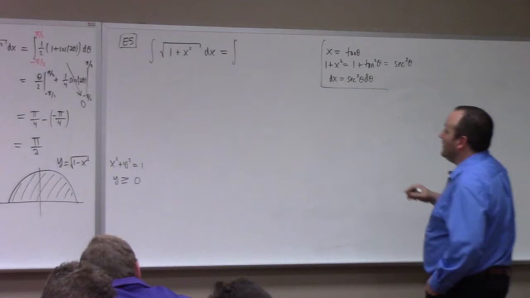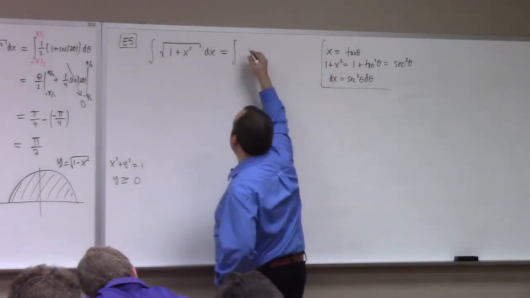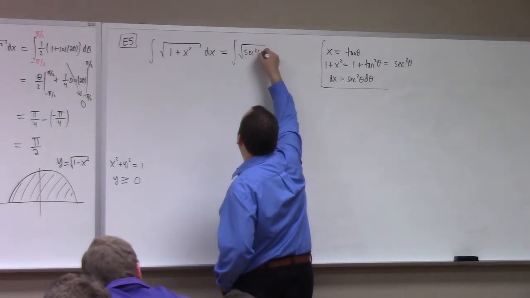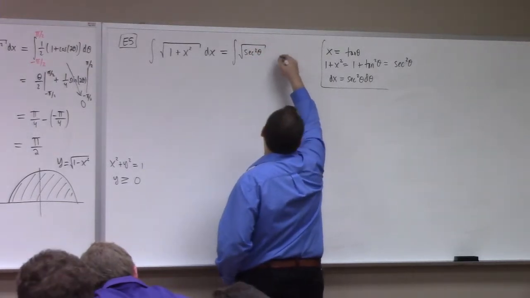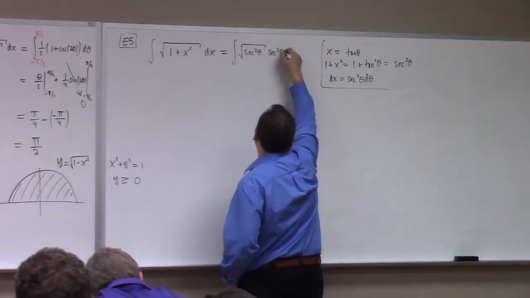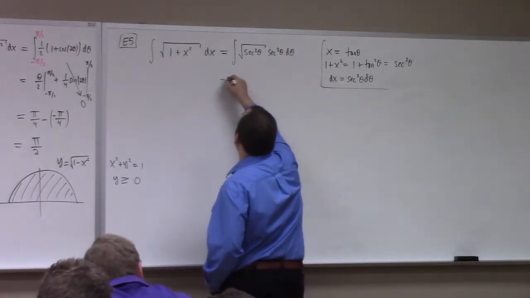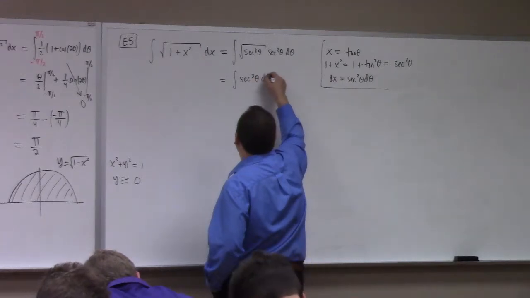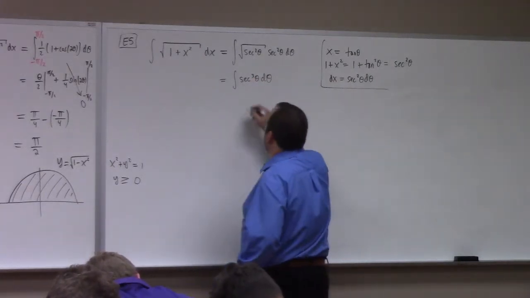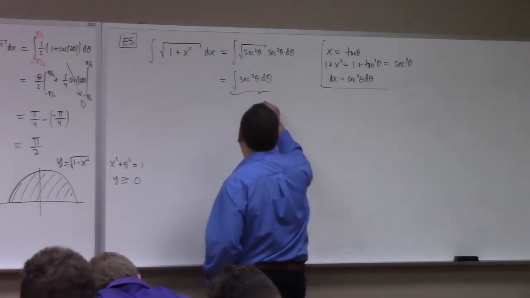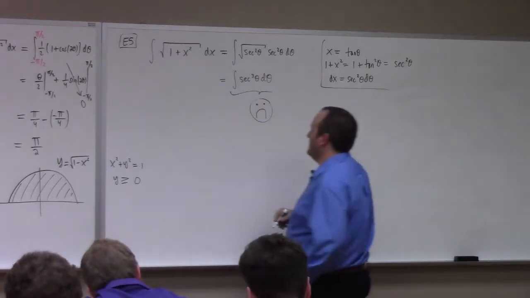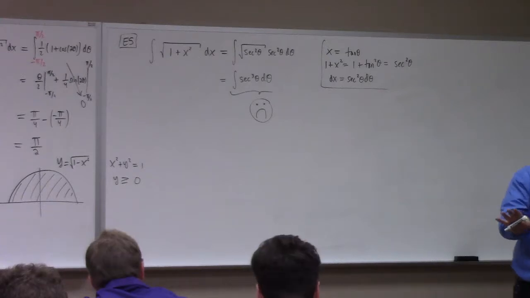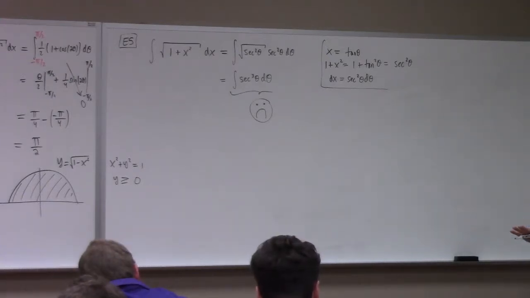Anyway, I digress. So the point here is I've got the square root of secant squared theta, and dx is secant squared theta d theta. Oh, ouch. We can do it. I showed you how in the video yesterday, right?